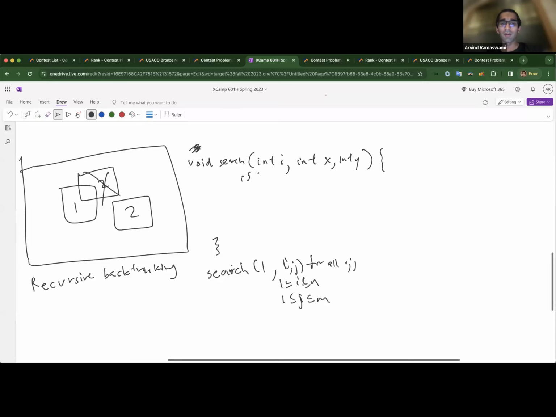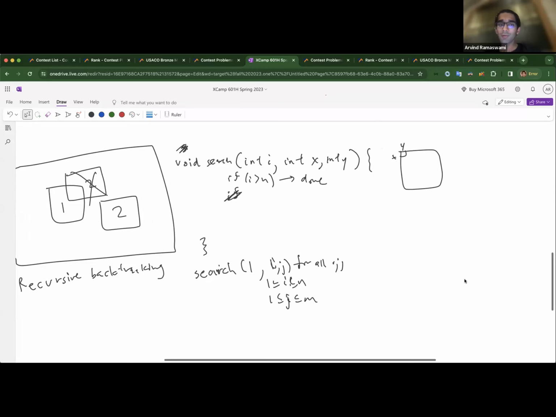If i is greater than n, then that means you're done. And x and y are basically the coordinates. There are many ways to implement this, but x and y are the top left corner.